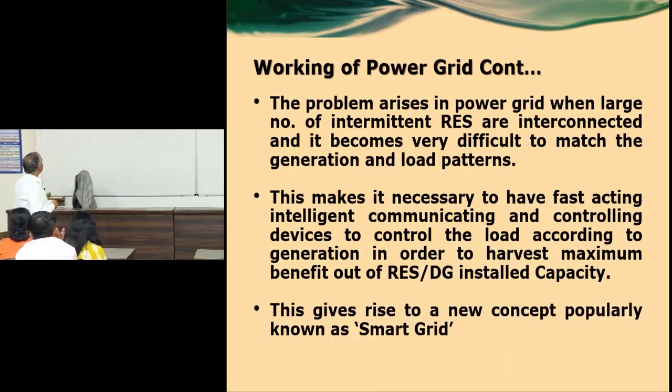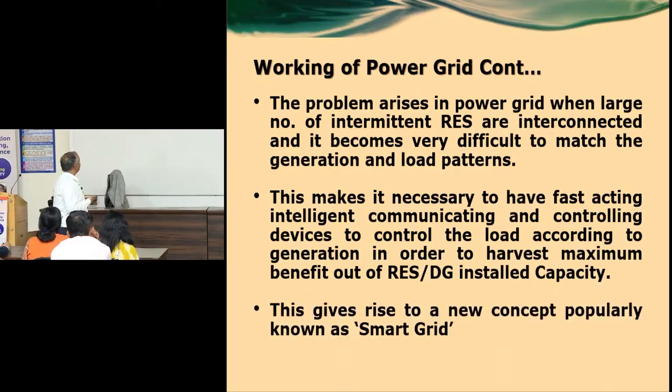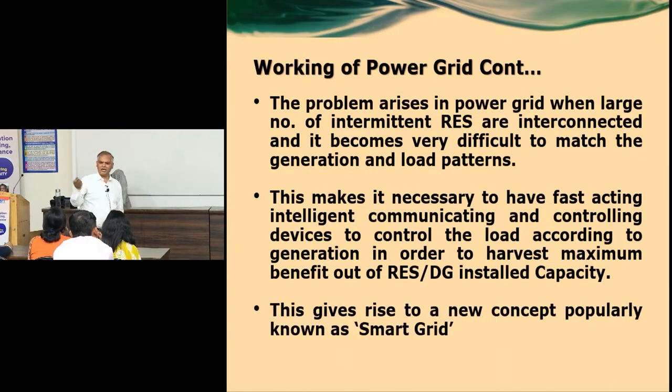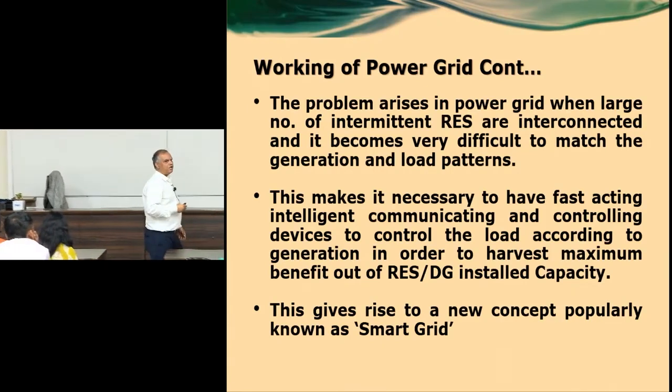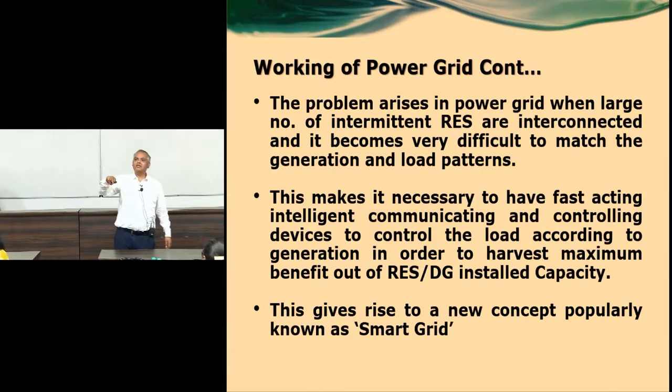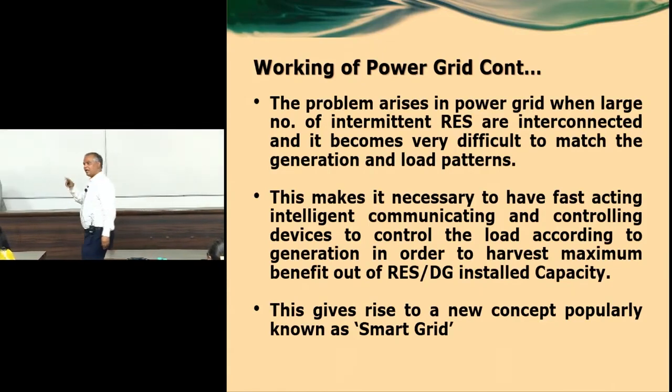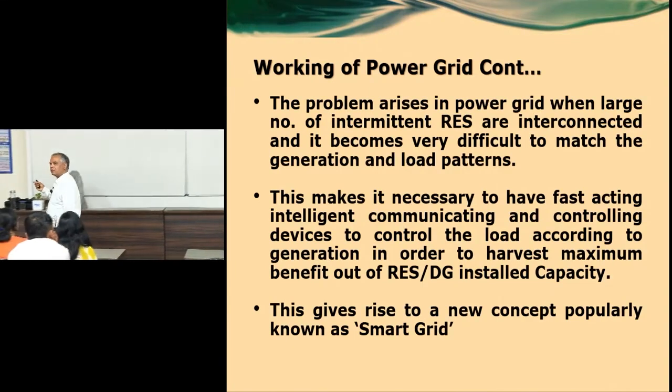So this has given rise to a new concept known as smart grid technology. Traditionally, the generation follows the load. You have a load assessment, and according to it you schedule the generation, and that is how it happens. But nowadays generation is variable in nature, so now you have to change your load according to the generation.